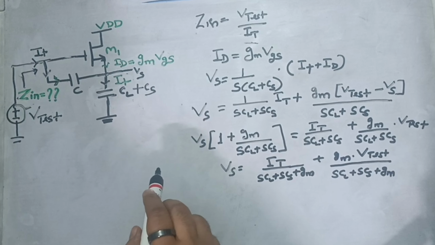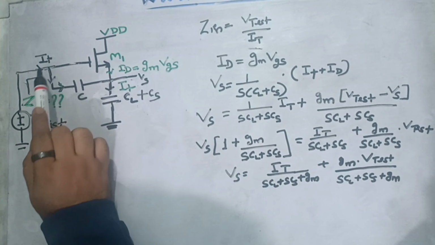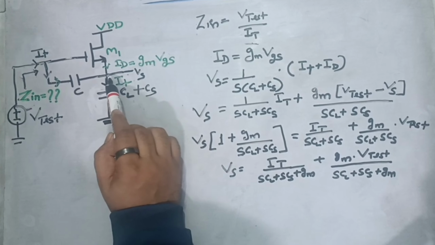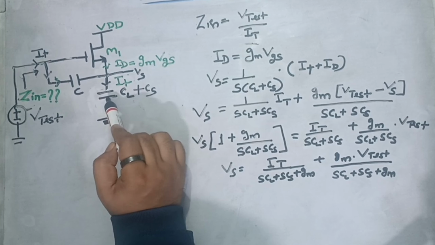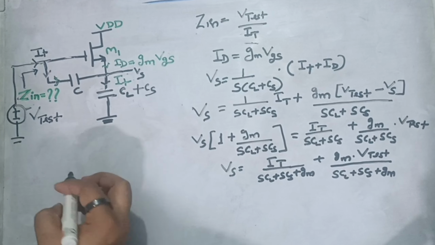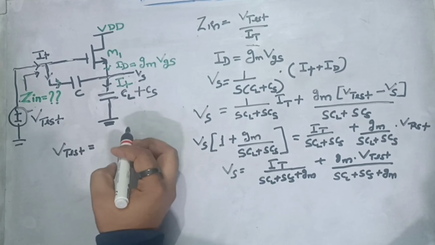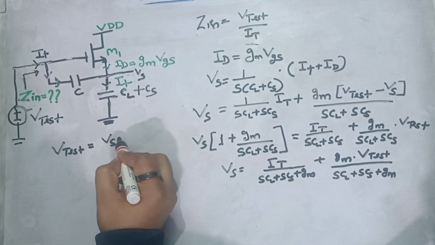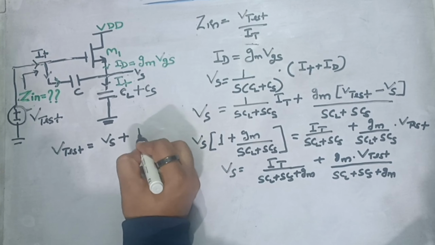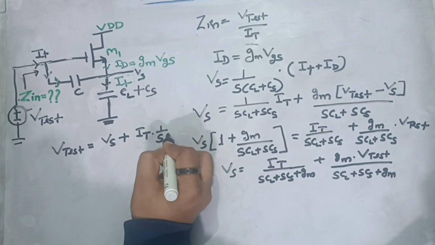Now we can apply, if you see here, whatever potential V test is coming here, that is getting divided into two portions. One drop is occurring across this capacitor and the other one is occurring across this capacitor, right? So I can write V test as Vs plus the voltage drop across this capacitor, and that can be written as IT into 1 upon SC.